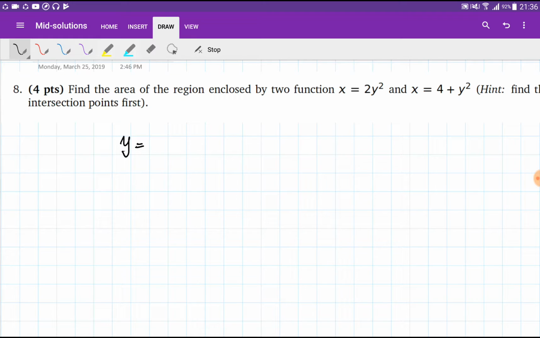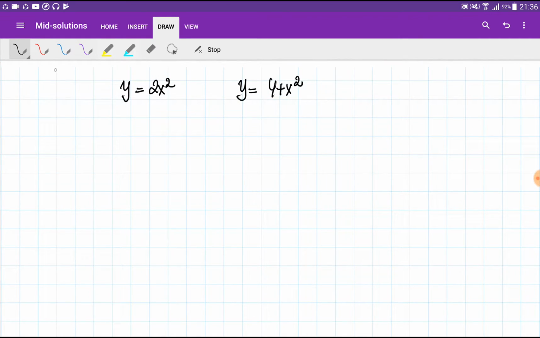The first function will be y is equal to 2x squared, which seems like a similar parabola, and the second curve is y is equal to 4 plus x squared, right? So you remember the transformation of the functions, of the curves. If we're given the simple parabola y is equal to x squared, and I multiply this by 2, it will be just stretched by the 2, right?